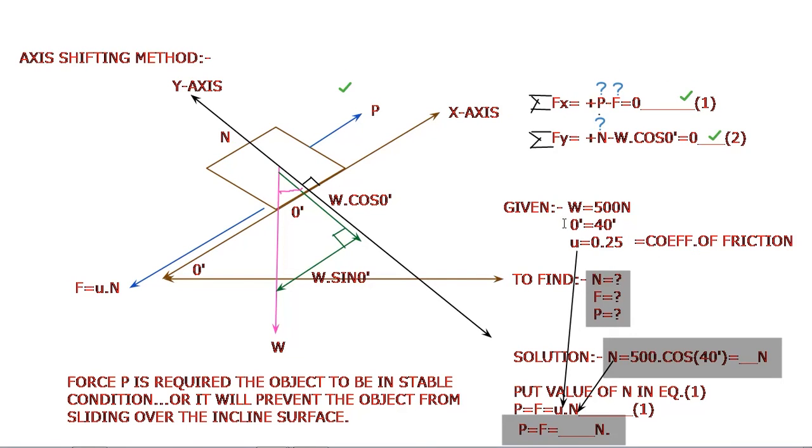So now, which variations can be done in this numerical? Three values are given and three values you have to find.